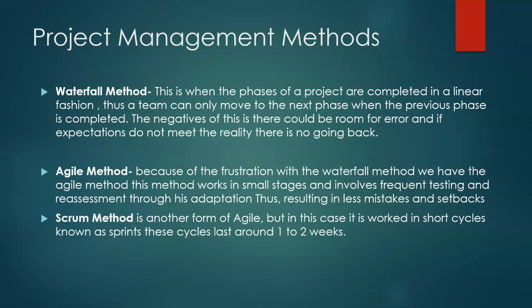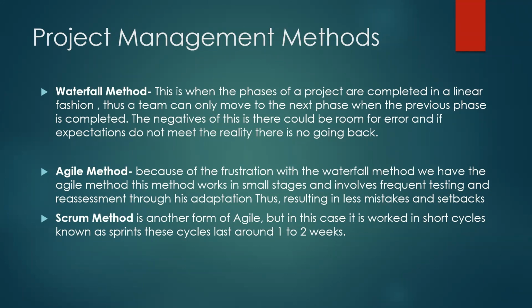When a team completes one phase, they cannot go forward until the previous phase is done completely. The downside is that you may have mistakes in the past that you can't go back and correct toward the end of the project. This can be very problematic when you have a particular time crunch to meet.